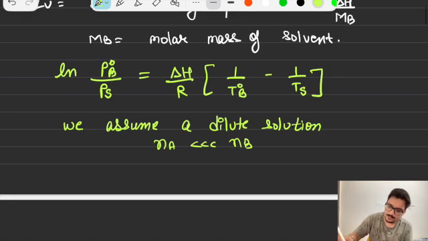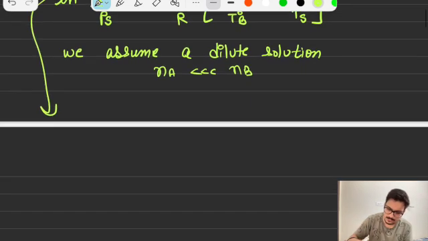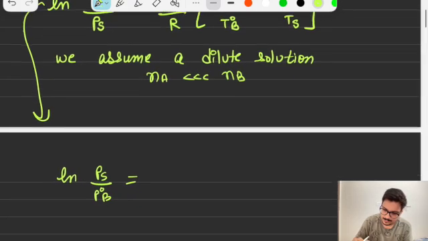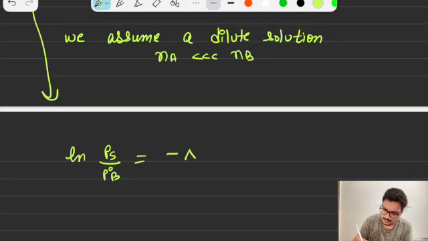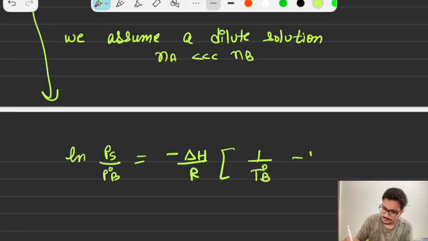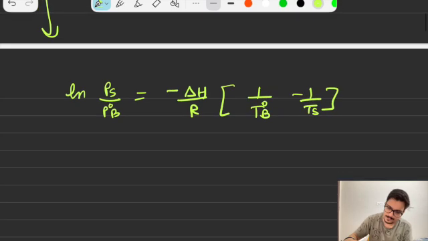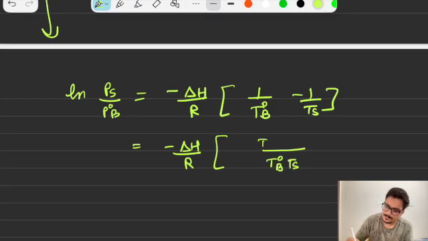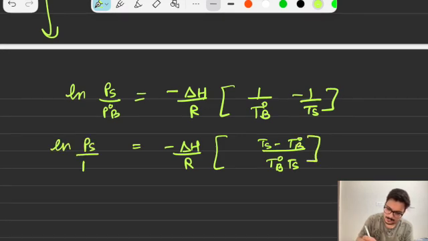So what I am doing is taking the inverse of this equation, which would look like natural log of Ps upon P naught B equals minus delta H upon R times 1 upon T naught B minus 1 upon Ts. Okay, so it can be written as delta H upon R times, taking the LCM, Ts minus T naught B upon T naught B into Ts, natural log of Ps upon P naught B.